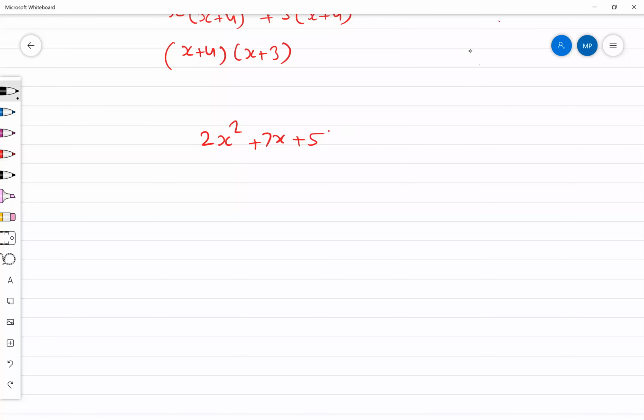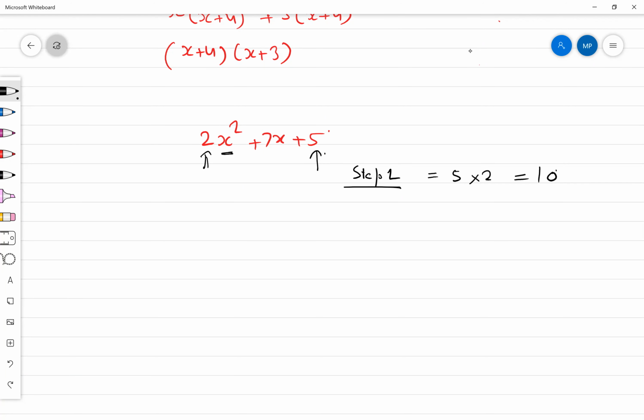This is also splitting of the middle term. So the first step, I'm just repeating it again. Step 1, multiply the constant term and the coefficient of x square. What is the coefficient of x square here? 2, right? So we have to multiply 5 and 2, which gives me 10.